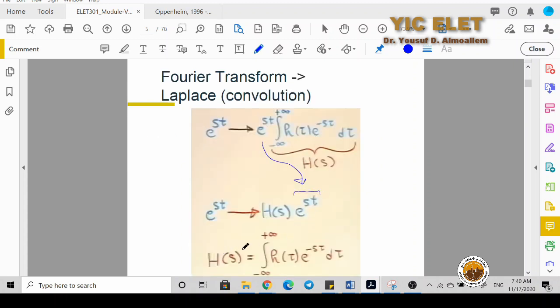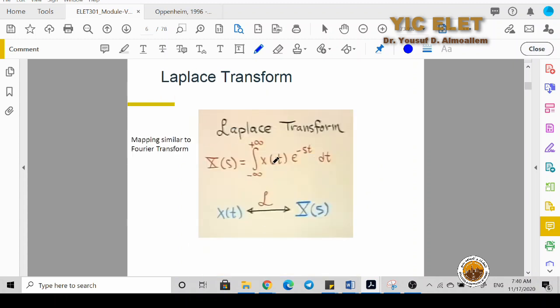As you can see here, this is the definition of the Laplace transform, and if we put it in terms of x of t, we will be able to find the analysis equation from this function. So capital X of s, it's not j omega anymore, will be the integration from minus infinity to plus infinity of small x of t times exponential of minus s t dt.